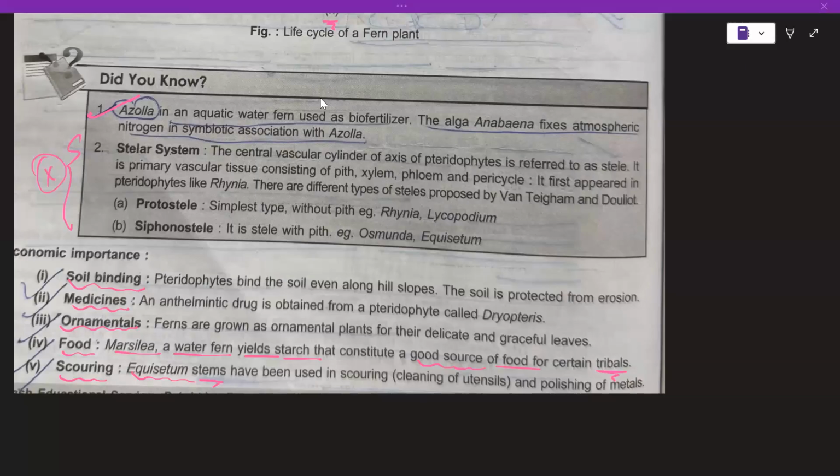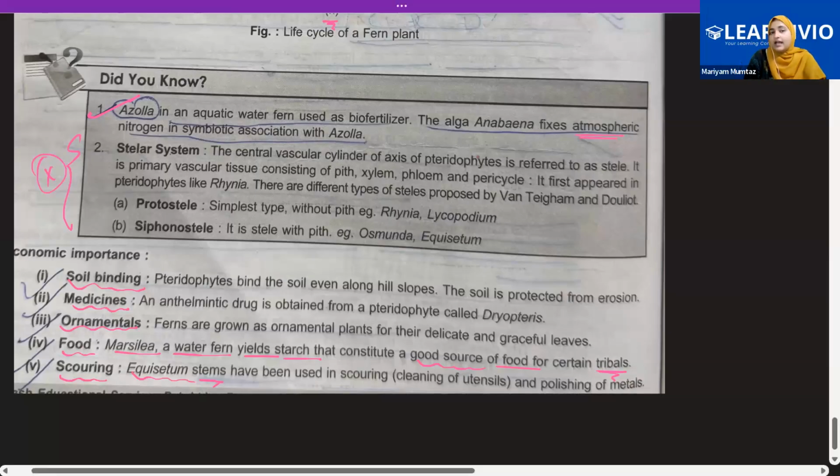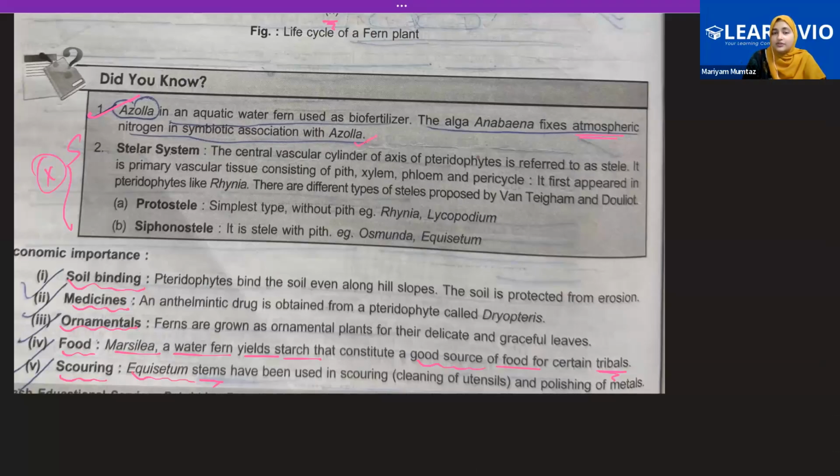Biofertilizer means that it will be applied to the soil in the form of a living fertilizer so that the plants could get much more nutrients. Then there's another organism called Anabaena. It will fix atmospheric nitrogen in association with Azolla. So Azolla can form a symbiotic association with Anabaena and fix the atmospheric nitrogen. Clear, students?